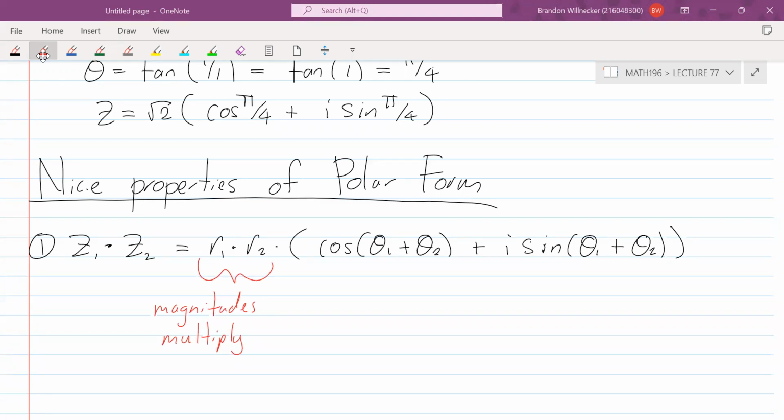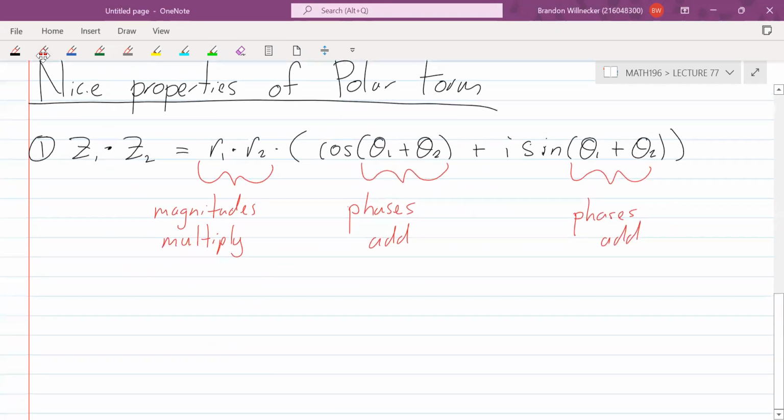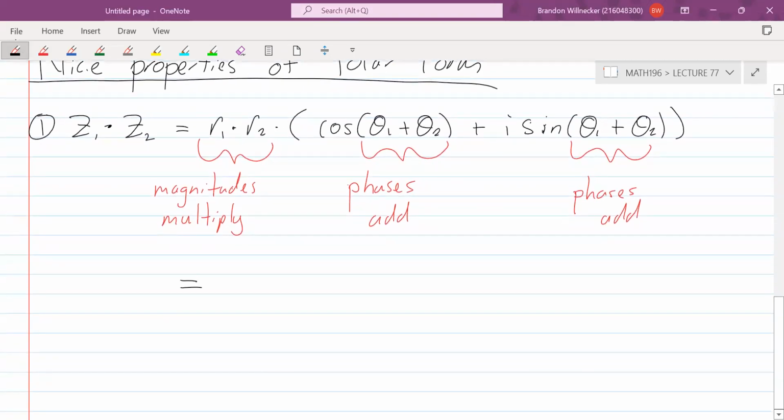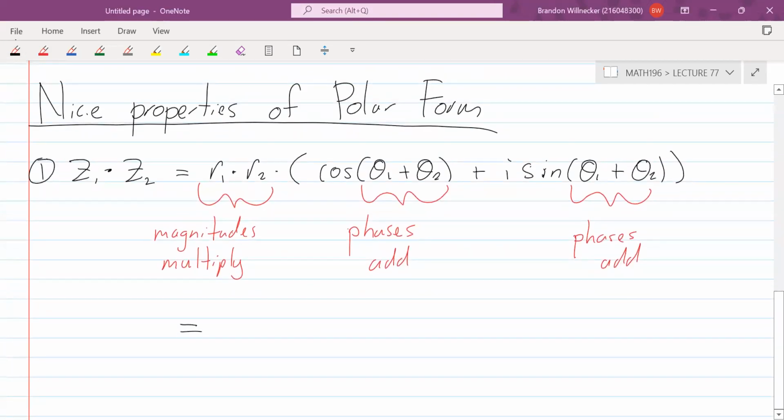The phases add. Okay, so we could write this as a new complex number. So r1 times r2, let's call that r. Theta 1 plus theta 2, let's call that theta.